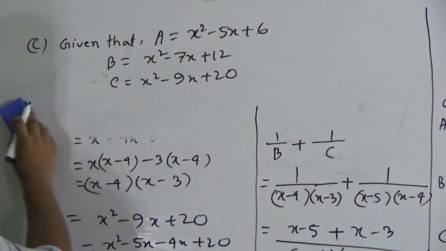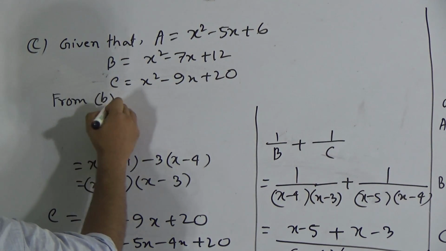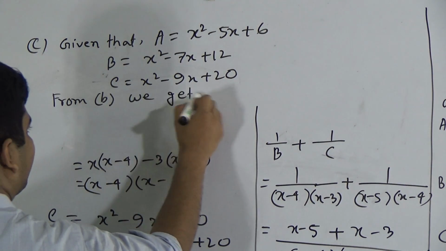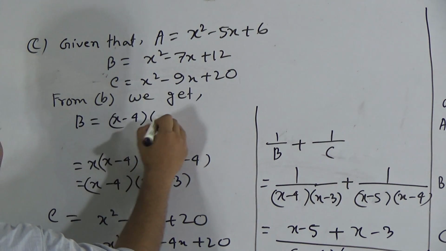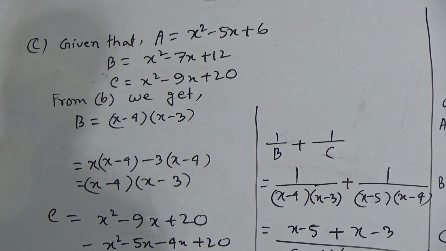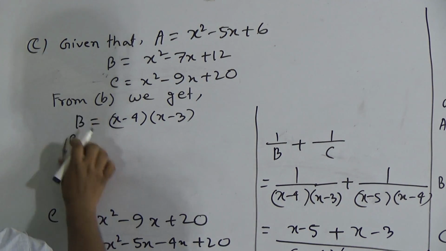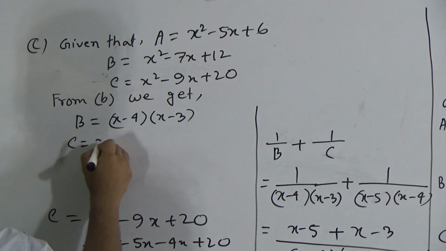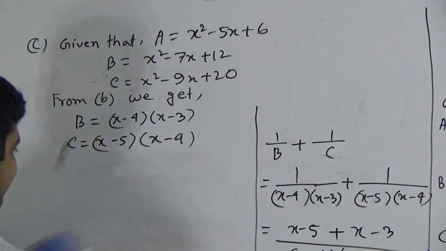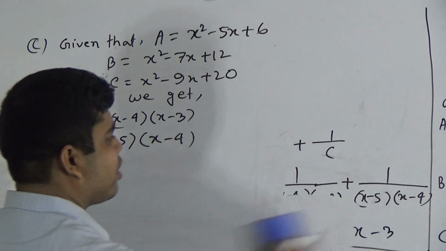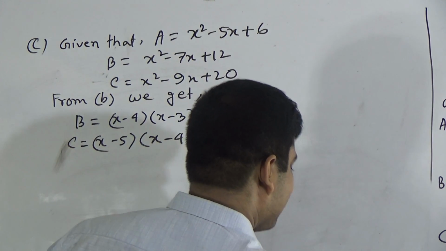So my dear student, here from b we get b equal to x minus 4 into x minus 3. And c equal to x minus 5 into x minus 4. And now we want to convert the expression a into factors.